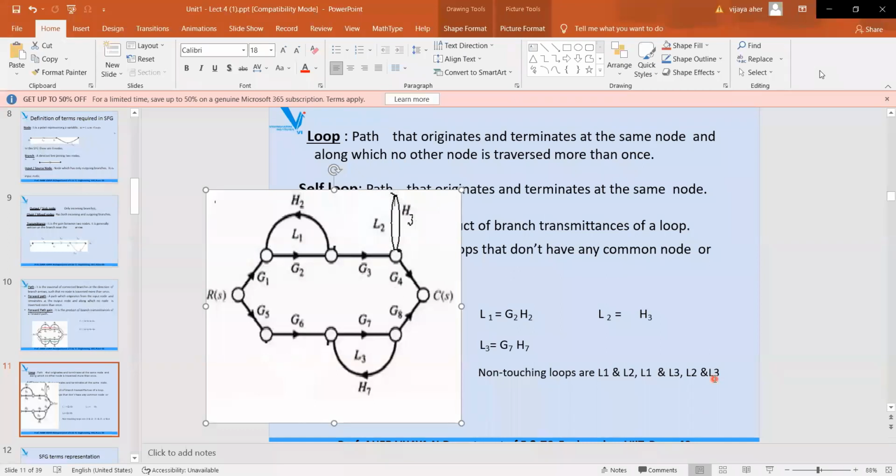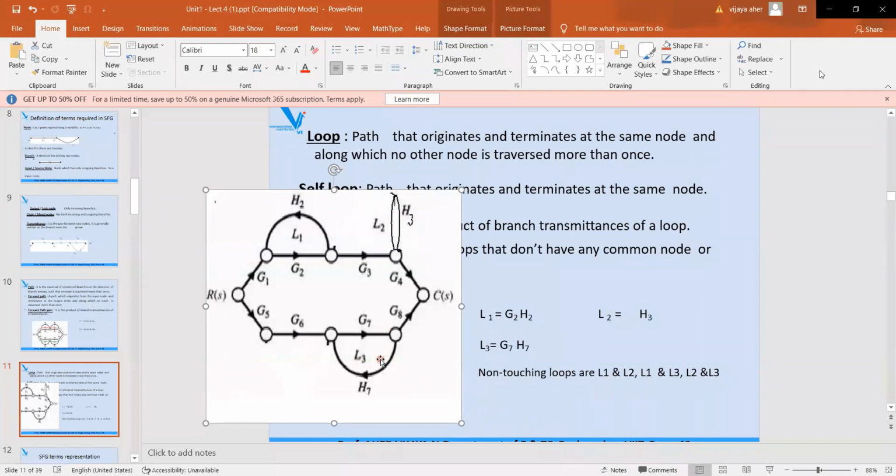You are going to calculate these non-touching loops while calculating the transfer function using the signal flow graph, because by using Mason's gain formula you are going to write the equation for the transfer function. In that case you need the number of non-touching loops. So you have to first find the loops. There are 3 loops in this example: L1, L2 and L3.